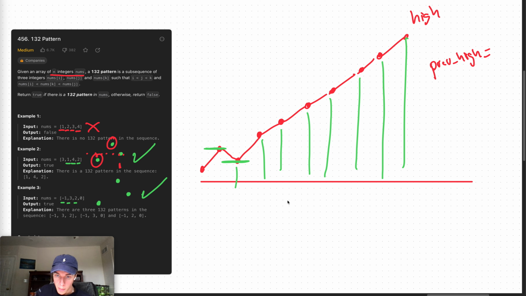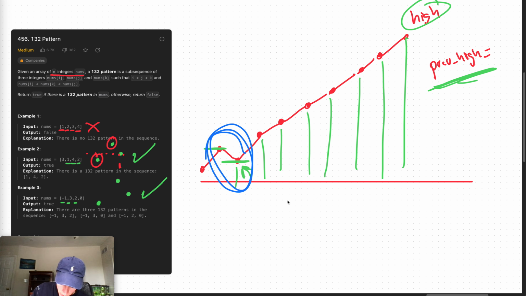We could memorize what the values of high are so that we could set prev high to the value that we need, which is actually this one, in the case where there's a value that overrides one of these previous highs, because initially this is almost like none. This is not set at all.